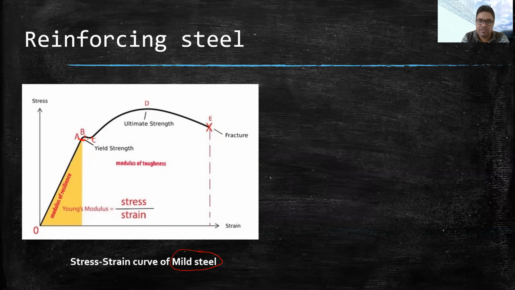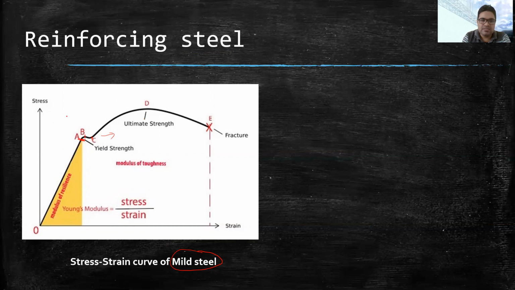But if we apply load on the steel beyond B, then steel will undergo the plastic stage, and deformation will occur, and there will be no linearity. The curve will be non-linear also. I have explained this curve in the previous semester also.